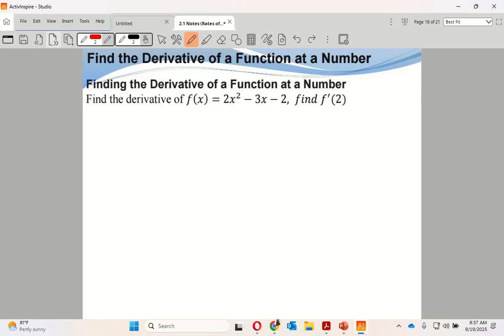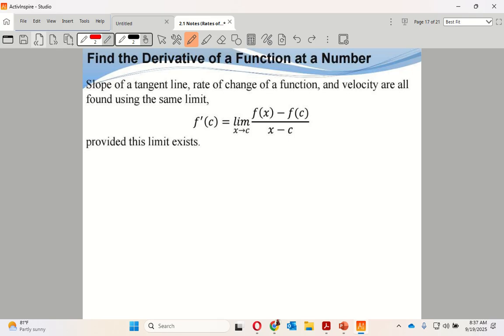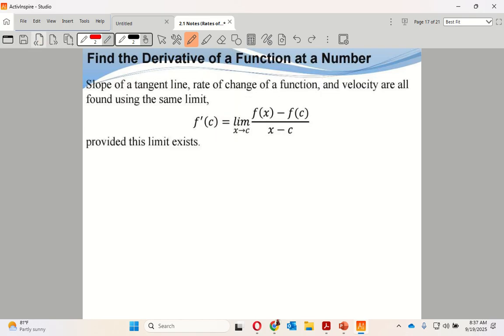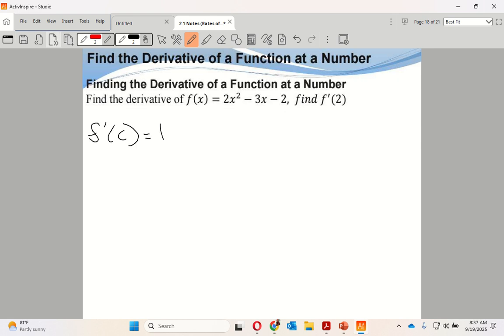Find the derivative. Okay, this one right here is going to be like the one we're doing. So we're going to find f prime of c, using the limit as x approaches c.